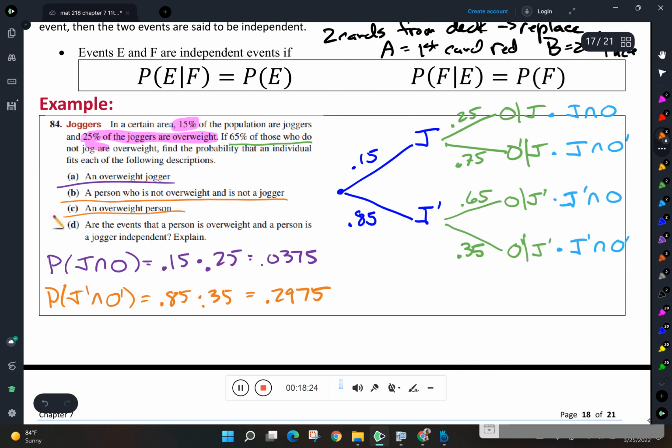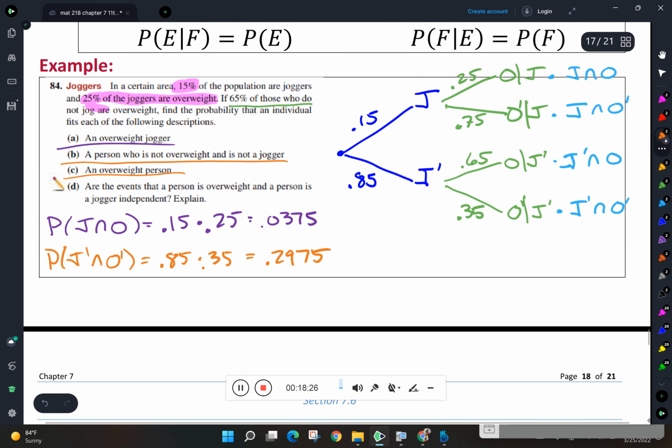Overweight. So overweight is this branch or this branch. Now I already know the top branch is 0.0375, so let's find that other branch. That other branch would be the probability that you're not a jogger intersection overweight.